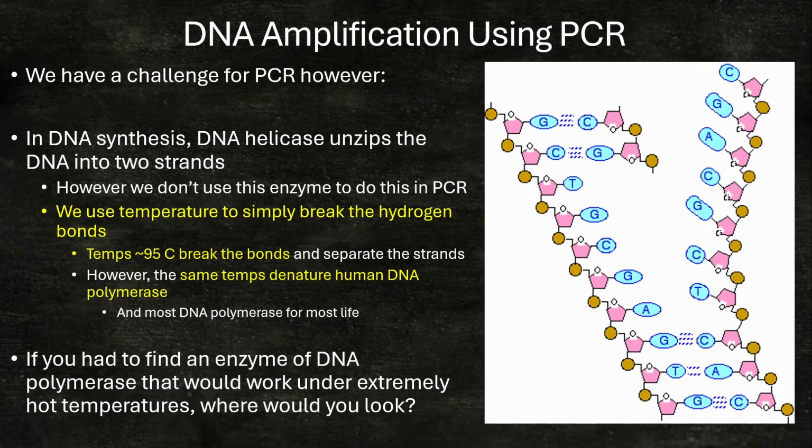The temperatures of around 95 degrees Celsius are enough to break these hydrogen bonds that hold the two strands of DNA together and separate them into distinct strands. However, a problem arises because those are the same temperatures that can denature DNA polymerase, that enzyme that builds the new copy of DNA.